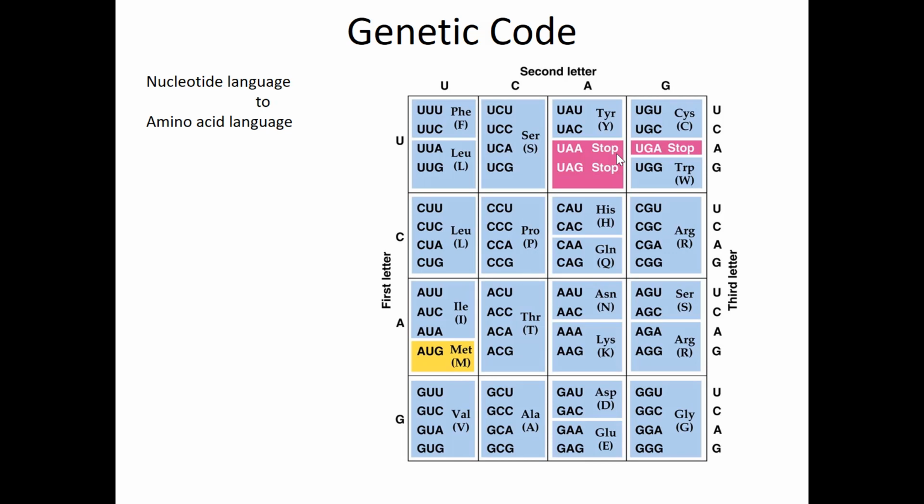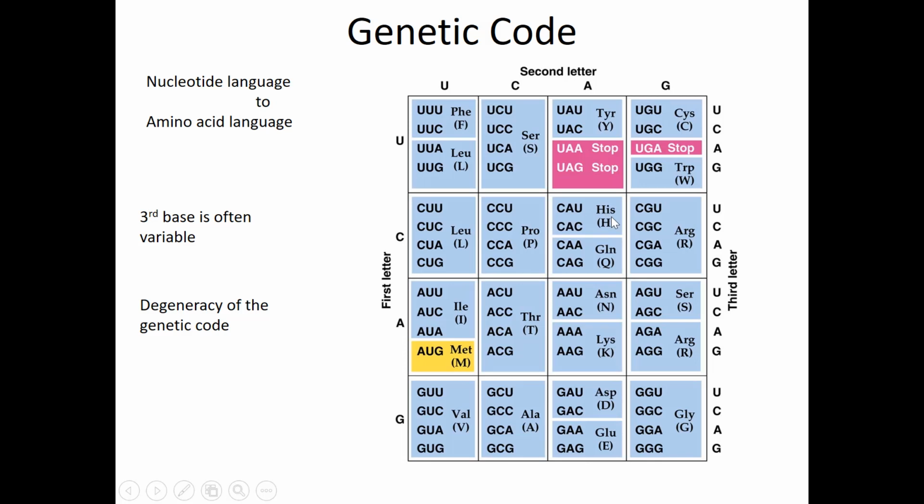Now we need to talk about the different pieces and materials involved in the process. One more thing: the third base is oftentimes flexible. You can see here for proline, CCU, CCC, CCA, CCG all code for proline. But then we have some amino acids where that's not the case.